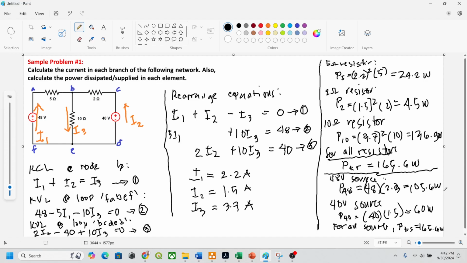This is not a coincidence, everyone. It is an indication that what we have here is correct.